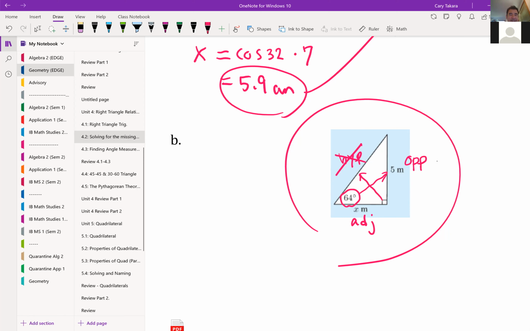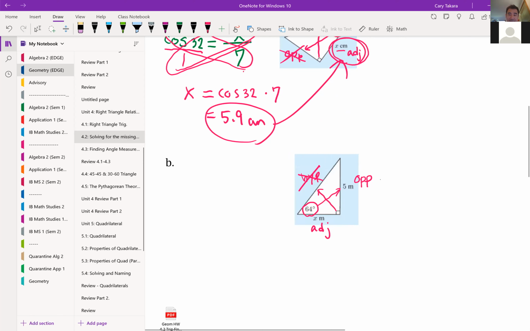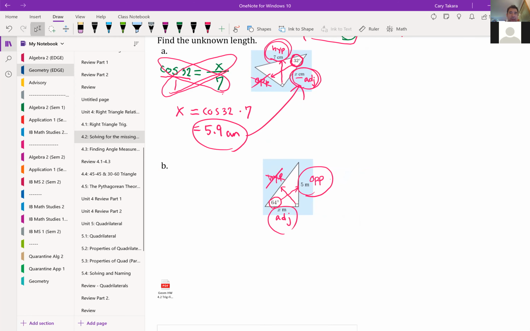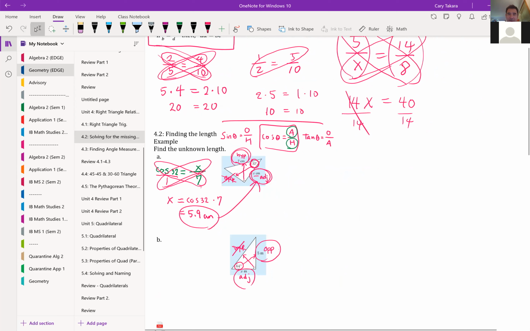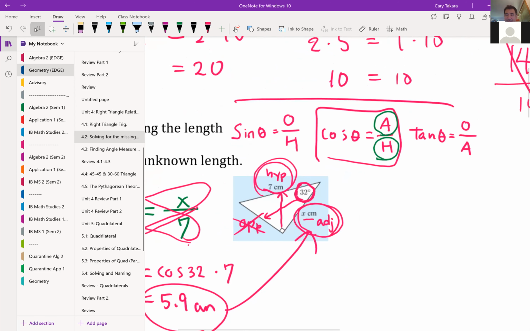Now, which function is this? Is this a sine, cosine, or tangent problem? Which one? Can somebody tell me that? This is a tangent problem. Let's look for the one that deals with opposite and adjacent, O and A. Which one has an OA combination?